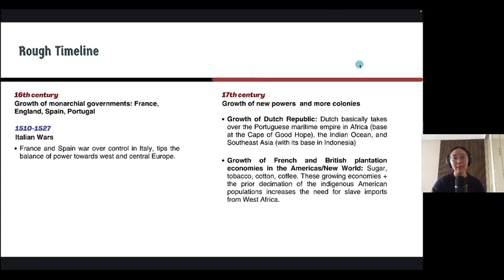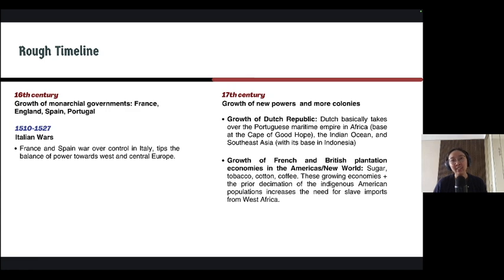So by the 17th century, we see new powers emerging and more colonies starting to pop up around the world as more and more kingdoms realize they can participate in colonial expansion. So, one of the major powers that emerges in this era is the Dutch Republic.